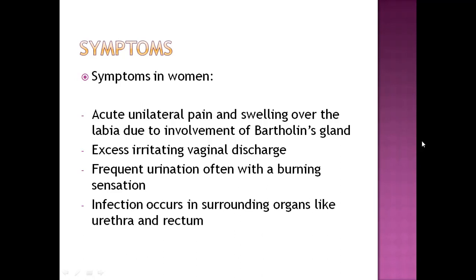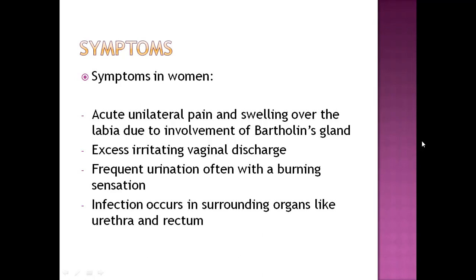There is excess irritating vaginal discharge. The vaginal discharge can be itching and irritating. Next is frequent urination, often with a burning sensation. The urine becomes concentrated because of infection.